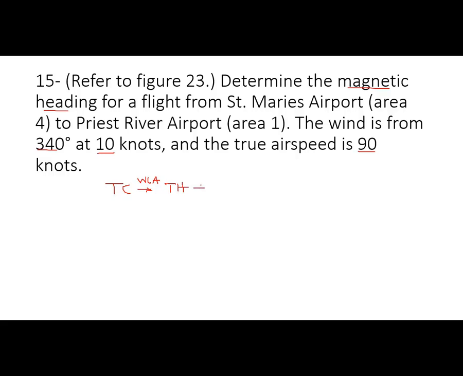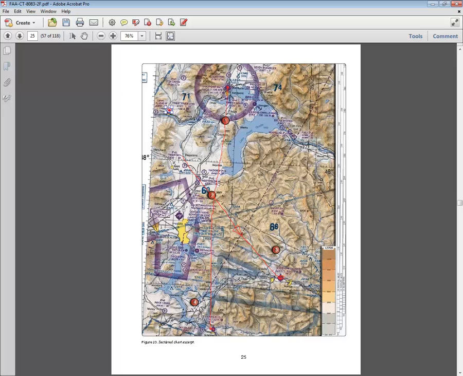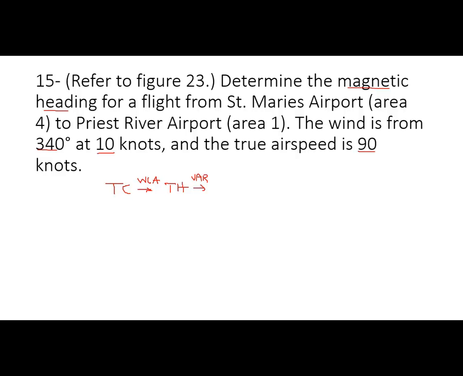And then you correct for the variation, looking for those isogonic lines on this chart. And again, the isogonic line says that we have 15.5 degrees of variation. So when it's easterly variation, you're going to subtract it. So when you do that, you will come up with the magnetic heading.